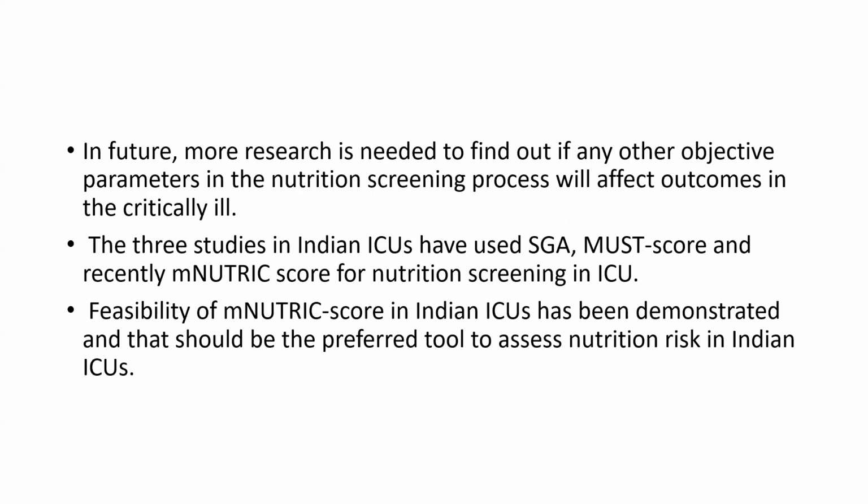In future, more research is needed to find out if any other objective parameters in the nutrition screening process will affect outcome in the critically ill. The 3 studies in the Indian ICU have used SGA, MUST score, and recently mNUTRIC score for nutrition screening in the ICU. Feasibility of mNUTRIC score in Indian ICU has been demonstrated, and that should be the preferred tool to assess nutrition risk in Indian ICUs. Thank you, guys.